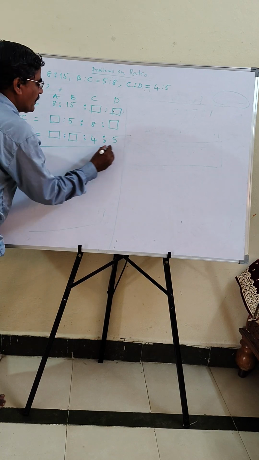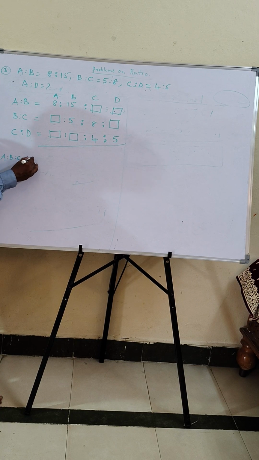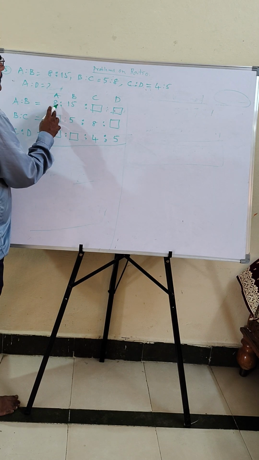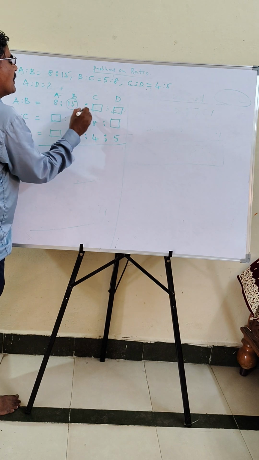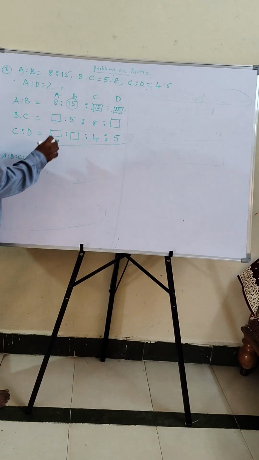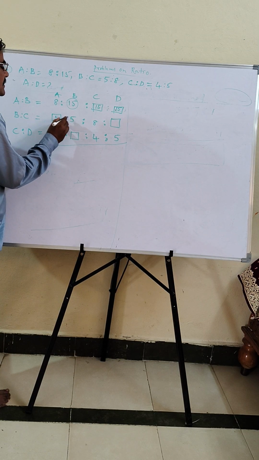Okay? Then here A is to B is to C is to D equal to 8 is to 15. There is no number, so we write the same number 15 here. Here there is no A, so we write the same number 5.